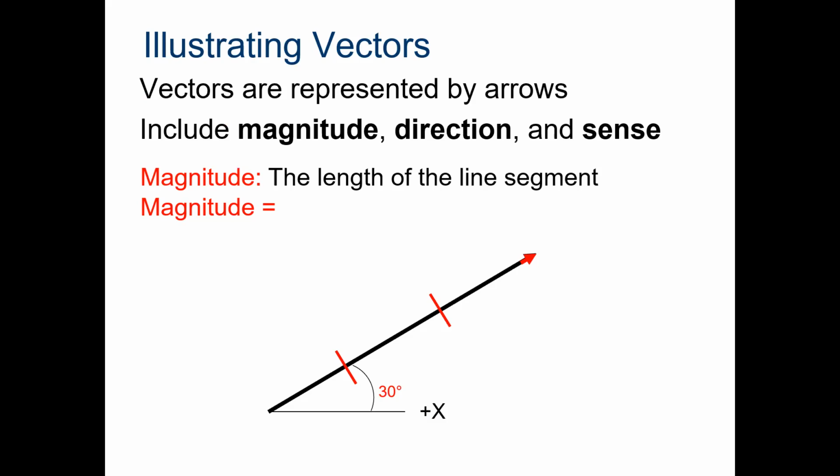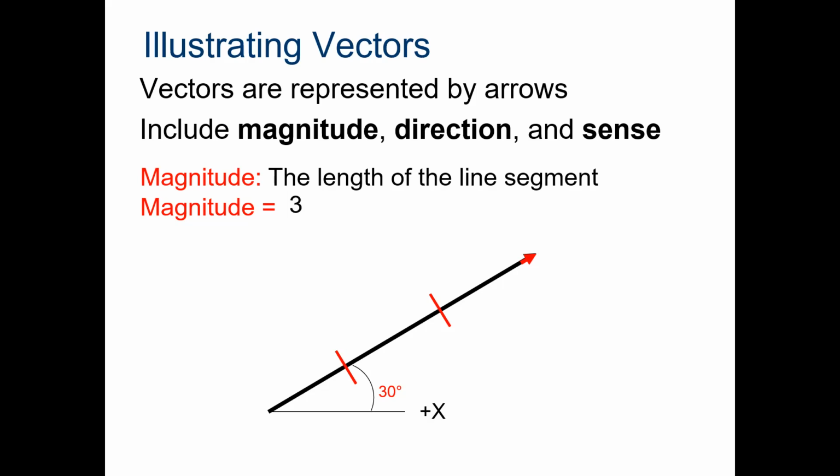Therefore, the magnitude of this vector is 3. You can also say that the vector is 25 pounds or 5 newtons. So you'll see vectors as a line segment, as well as in pounds or newtons. The number you see with the line segment is the length or the force.